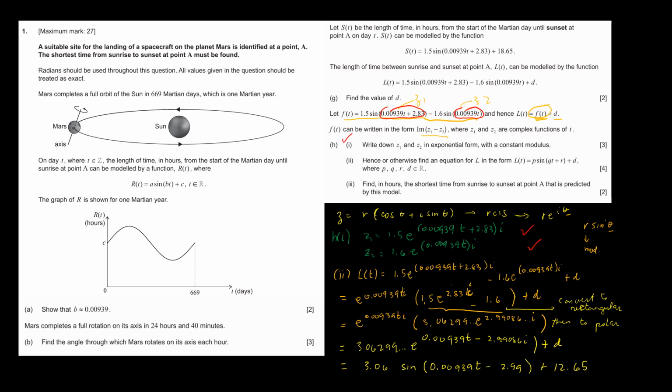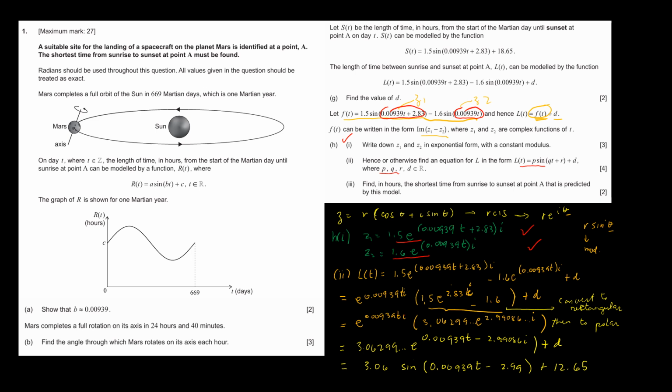Hence or otherwise, find an equation for L in the form of this. So we already have this one. If we're going to combine these two together using these two complex functions, it says you can write it in the form of, okay, imaginary c sub 1 plus c sub 2. So when we are looking for the imaginary part of the complex number, then we're dealing with sine.